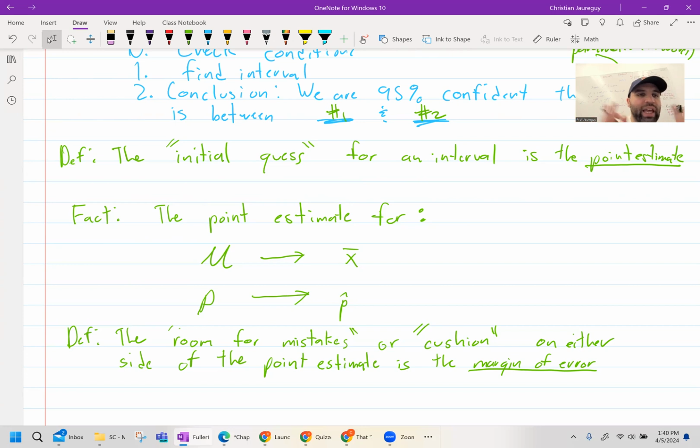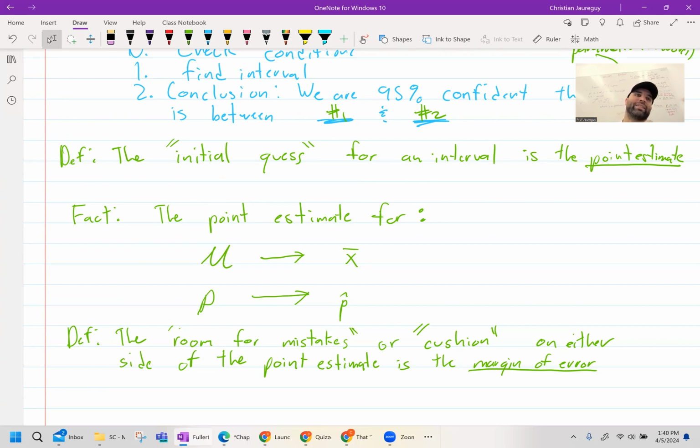Can I bring that in? Can I be more confident? Because it's easy to be 100% confident. I can say it's between 30 and 90 for sure. Same thing with height. It's between 5 foot and 7 foot. Definitely.